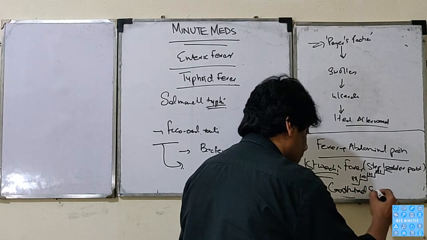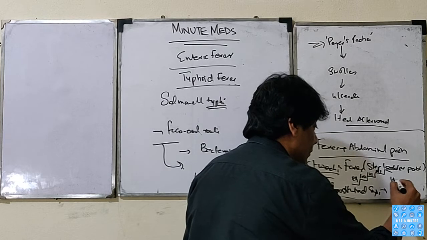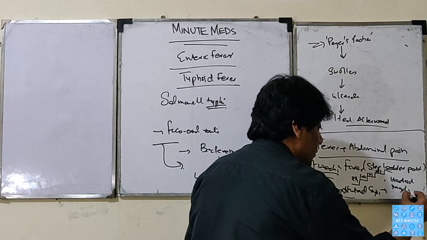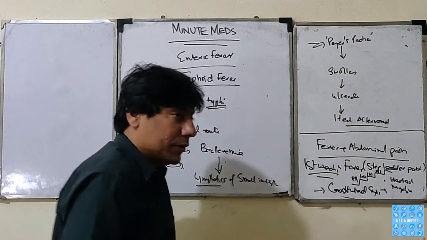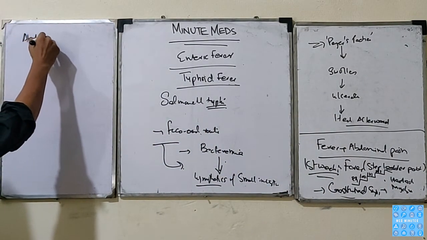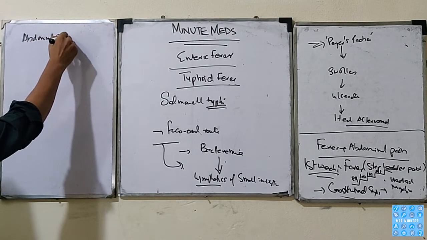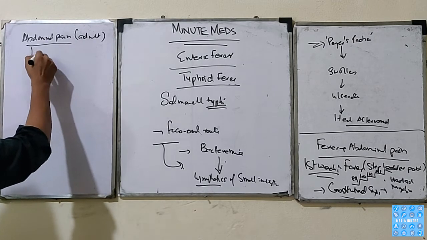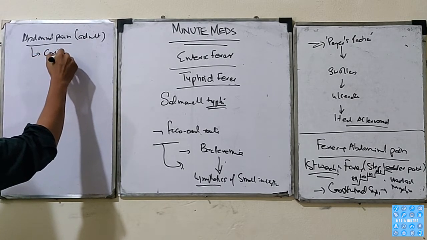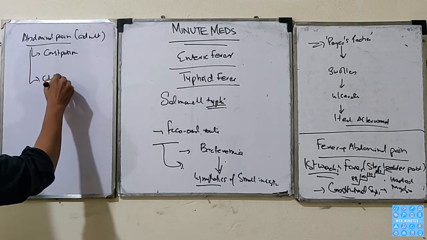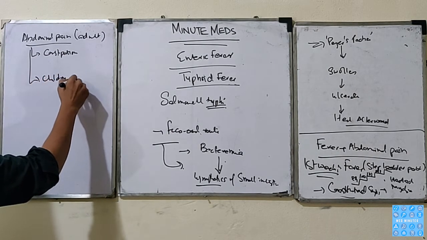The constitutional symptoms are like headache, myalgias, and as we said, abdominal pain. The abdominal pain in adults is usually associated with constipation, and in children it is associated with diarrhea.